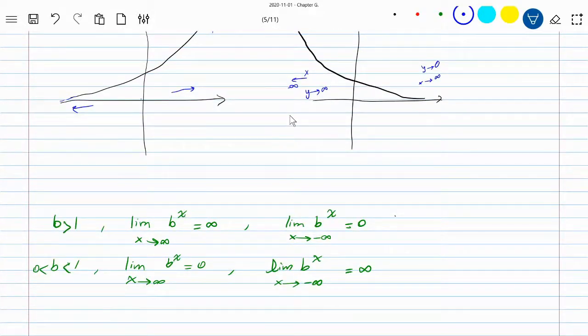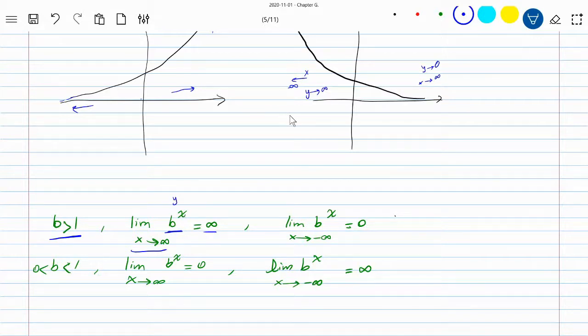If you have the base greater than 1, what do we know about the behavior of the function? If you calculate the limit at infinity, that's basically the behavior of the function. The function is increasing: as x increases, the y value increases toward infinity.